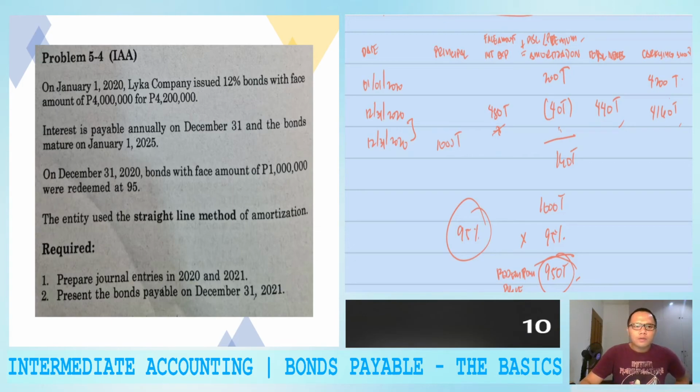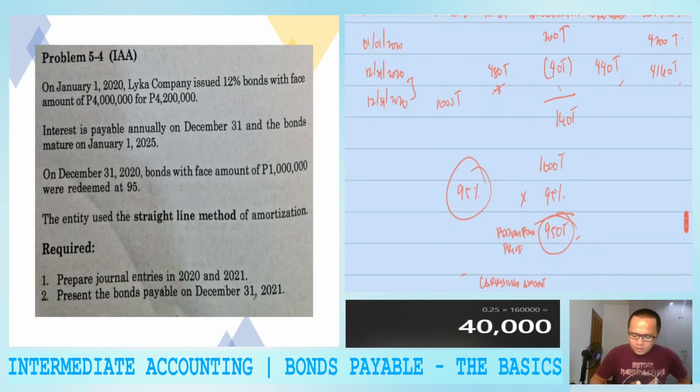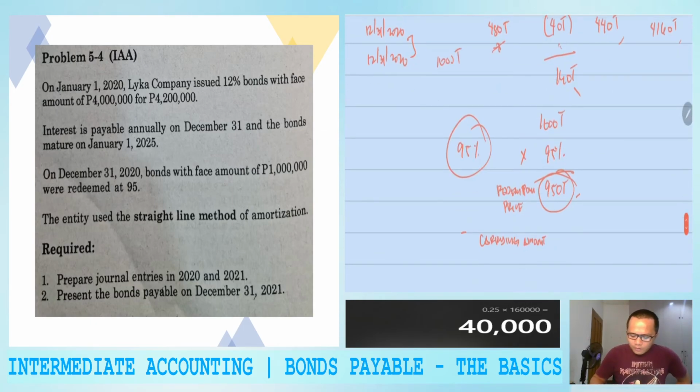So 1 million, divide 4,000 yung original, di ba? Times 160,000. So out of this 160,000, 40,000 na lang yung applicable for the 1 million face amount redeemed.